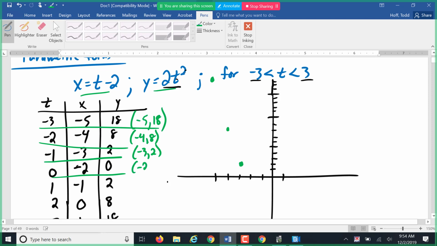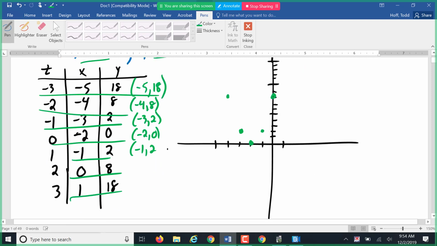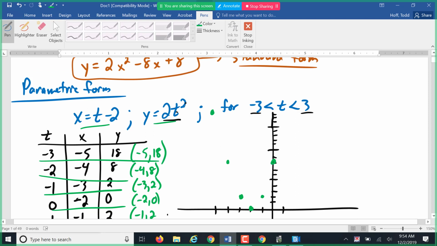This is -2, 0. -1, 2. 0, 8. And 1, 18. Now we can see this forms just a simple parabola.